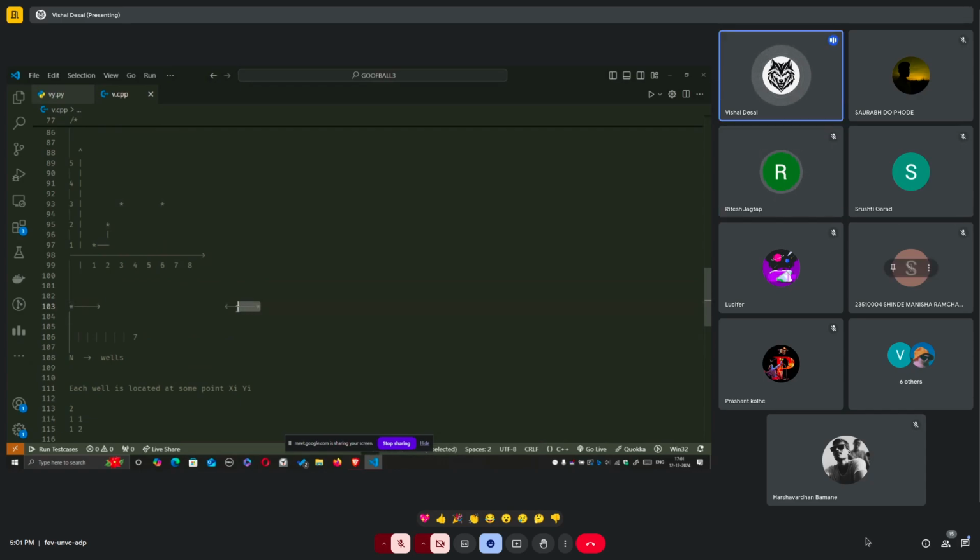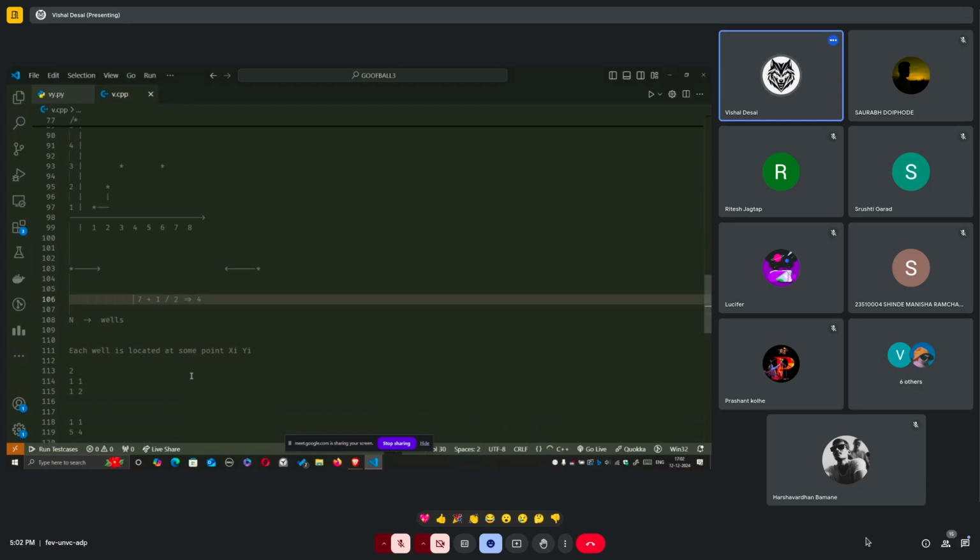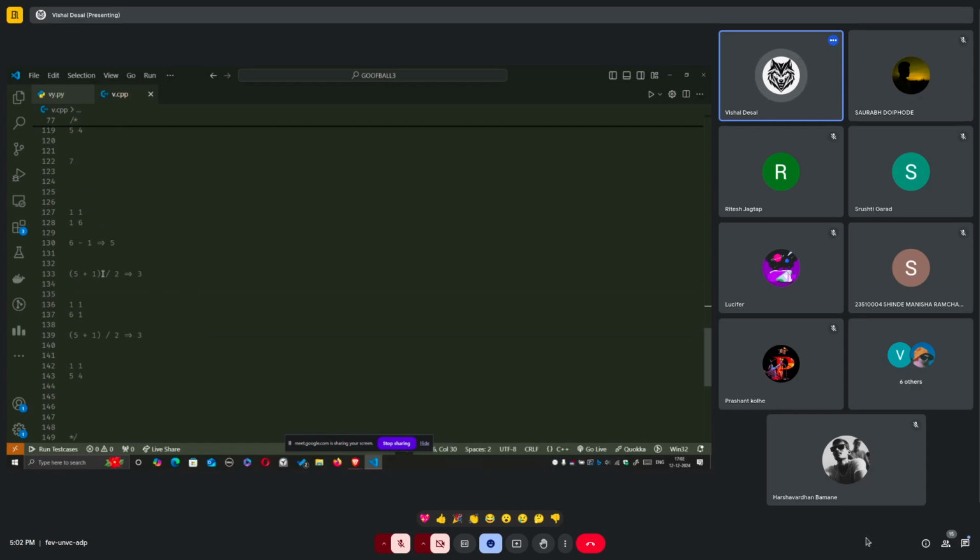And at the third second, this would have also covered 3 units, and 1 unit is only remaining between them. And at the fourth second, they will meet. And if I just divide by 2, it will be integer division, right? So it will come out to be 3. So to avoid this, we will just add 1 and divide by 2. So it will come out to be 4. So that's what I use here.